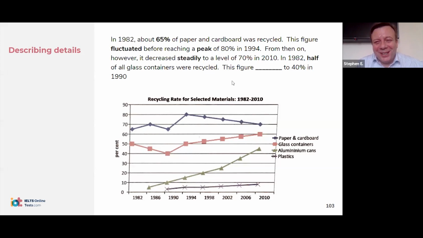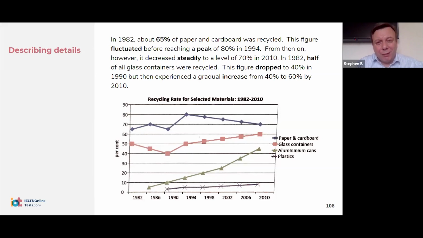So this figure dropped, good. But then experienced a gradual increase from 40% to 60%. Okay, good, very good.